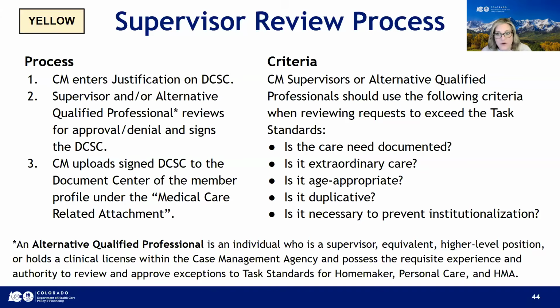Then your supervisor or an alternative qualified professional will review for approval or denial and sign your direct care service calculator. If your supervisor did not approve, you will need to adjust your DCSC to authorize fewer hours. If this is a reduction or a denial in services, you'll be sending a notice of action. Always upload your DCSC to the CCM.